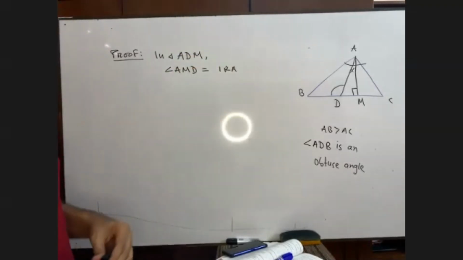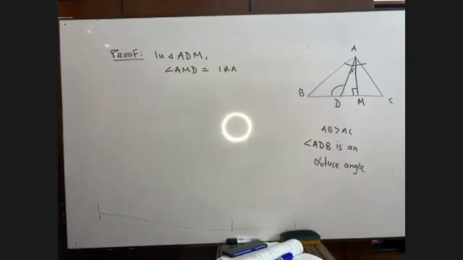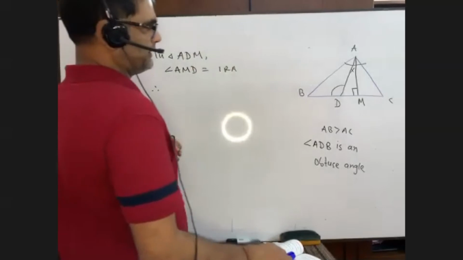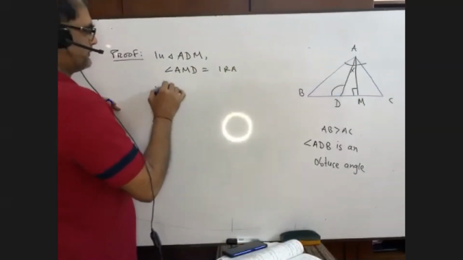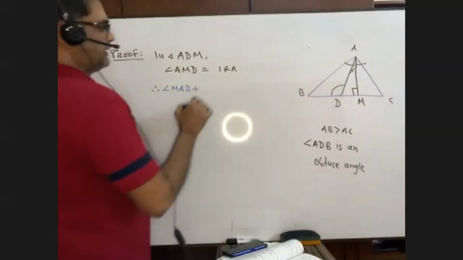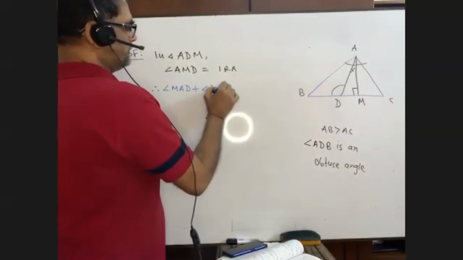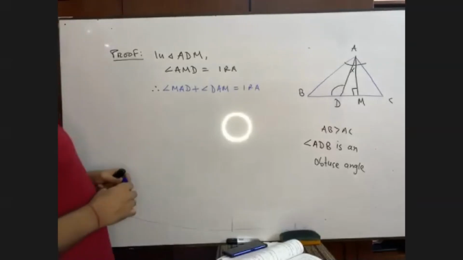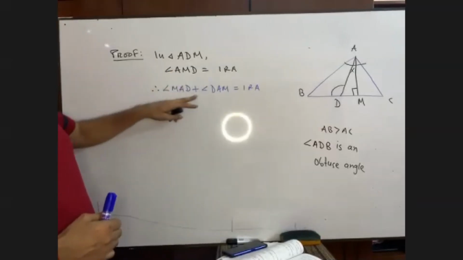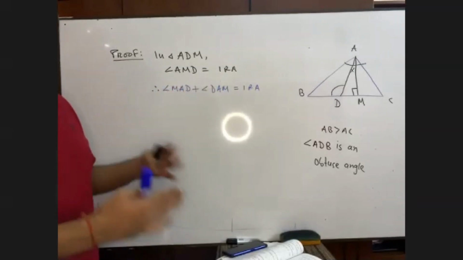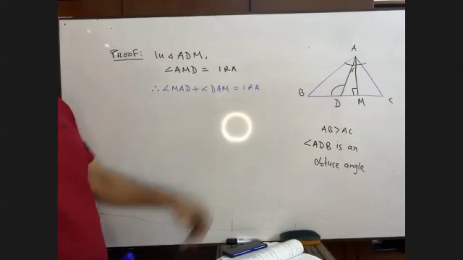Then in triangle AMD, can you write angle MAD plus angle ADM equals one right angle? The sum of three angles equals two right angles. If one of them is one right angle, then definitely the sum of the other two angles will be one right angle, right?